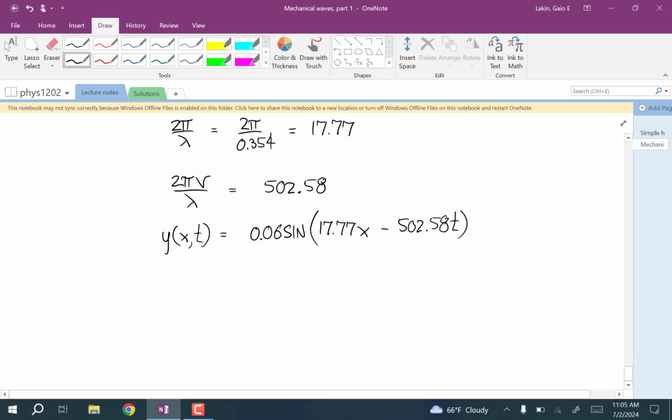Finally, the power. This is just a matter of plugging in numbers. Omega is defined as 2 times pi times the frequency, so that is 502.58.